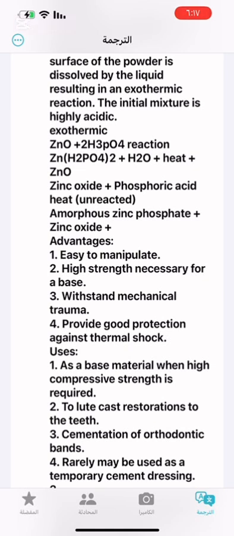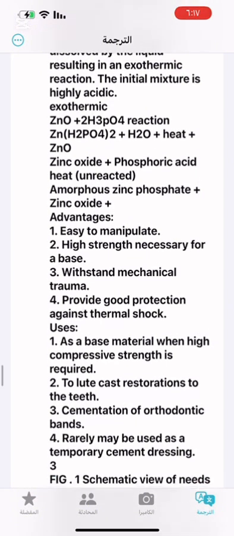Advantages: 1. Easy to manipulate. 2. High strength necessary for a base. 3. Withstand mechanical trauma. 4. Provide good protection against thermal shock. Uses: 1.